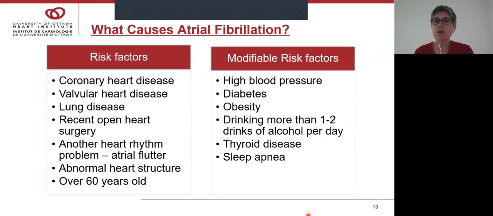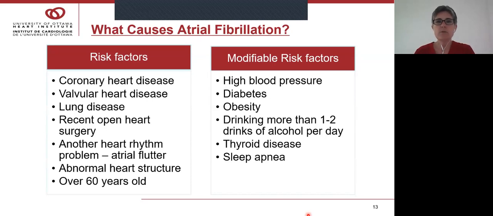That said, we also have a group of the population who are young and have no known risk factors. They're not overweight, no high blood pressure, and so on. We call that lone atrial fibrillation, and we know there probably is a genetic component as well. So for some of you, these modifiable risk factors may or may not apply.